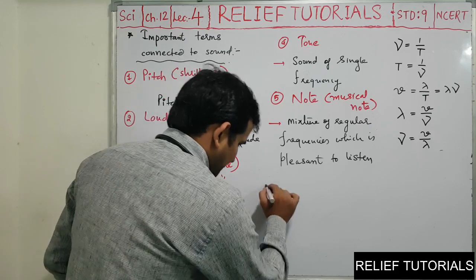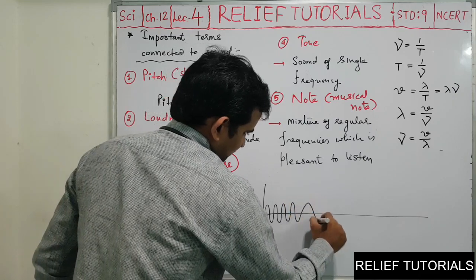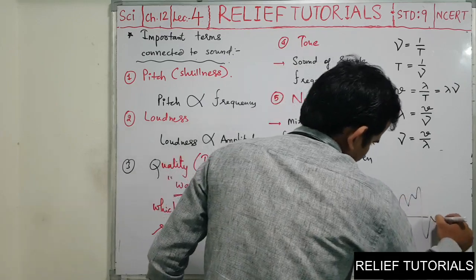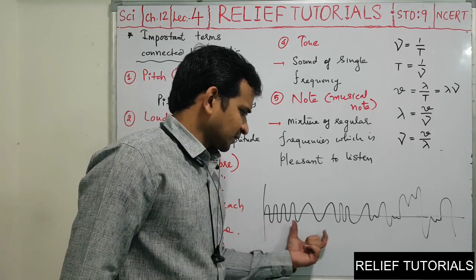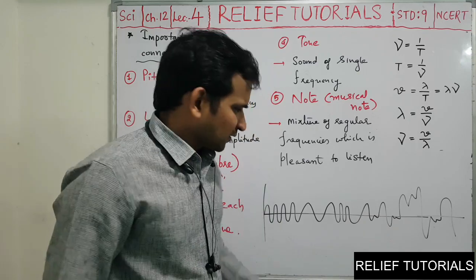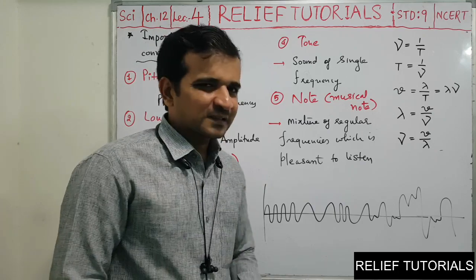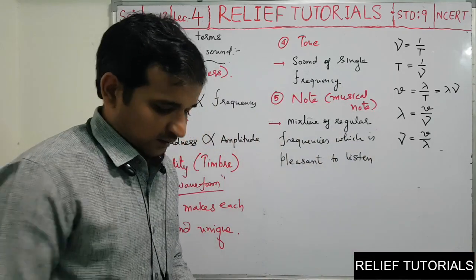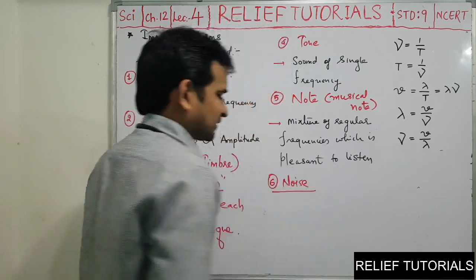But if I draw this type of structure, what is this? Some frequencies here, then the frequency decreases, then again increases for a short time, and then the waveform changes. It's a mixture of irregular frequencies which will not be pleasant to hear, and such waveforms are called noise.